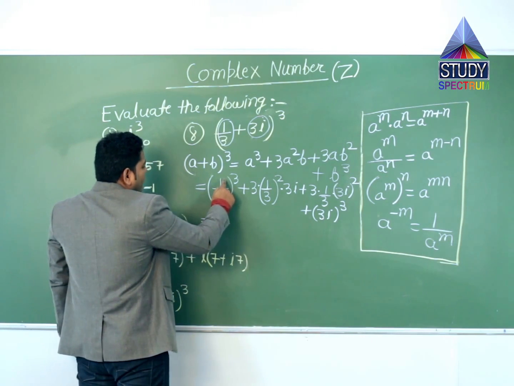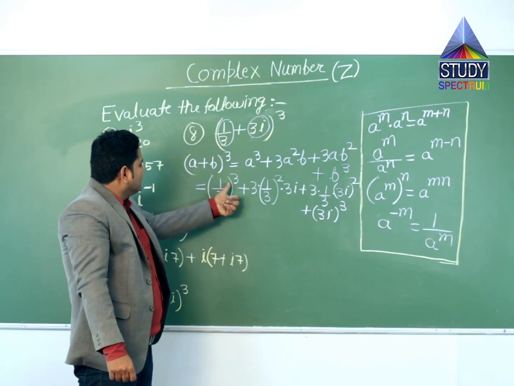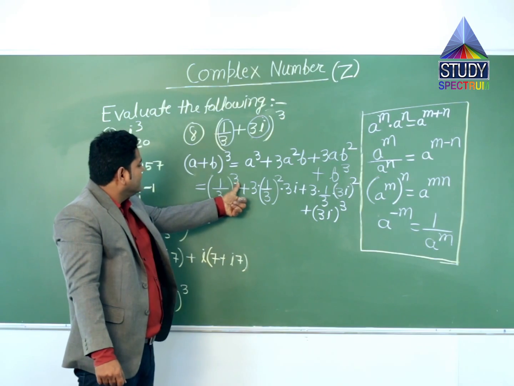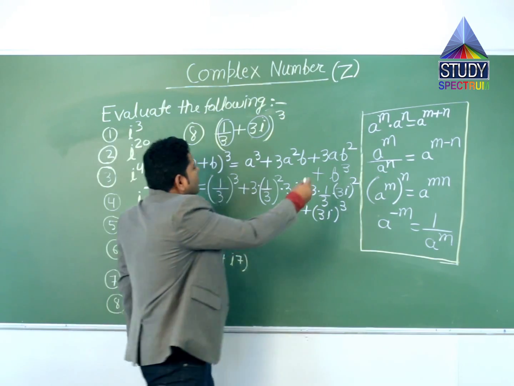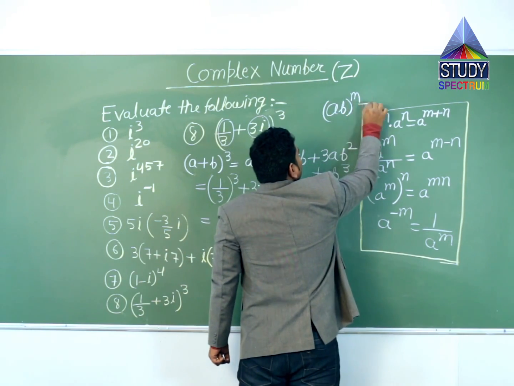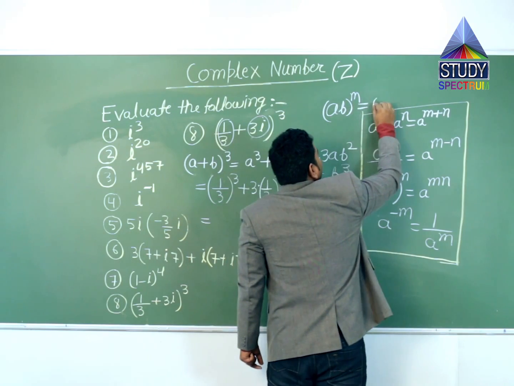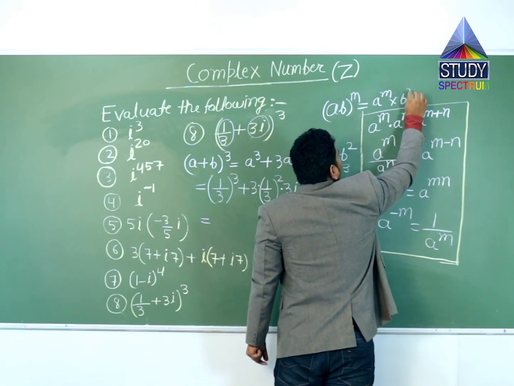So (1/3) whole cube means 3 is the power to 1 and this 3 is also the exponent of the 3. If you have (ab) to the power m, then this m is the exponent of a and b both, so a to the power m into b to the power m.